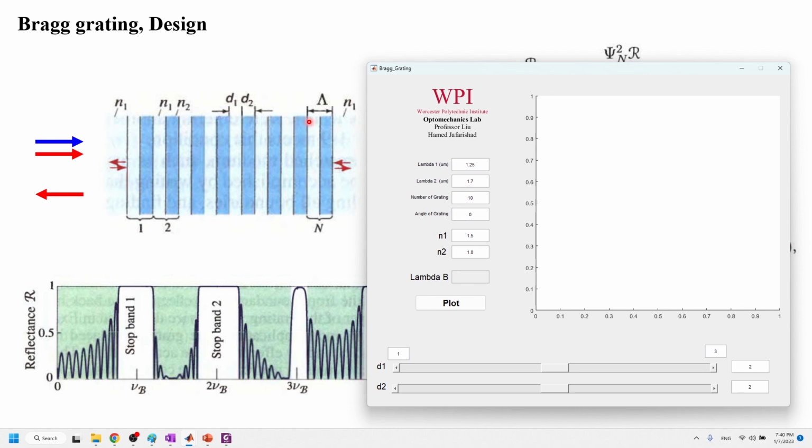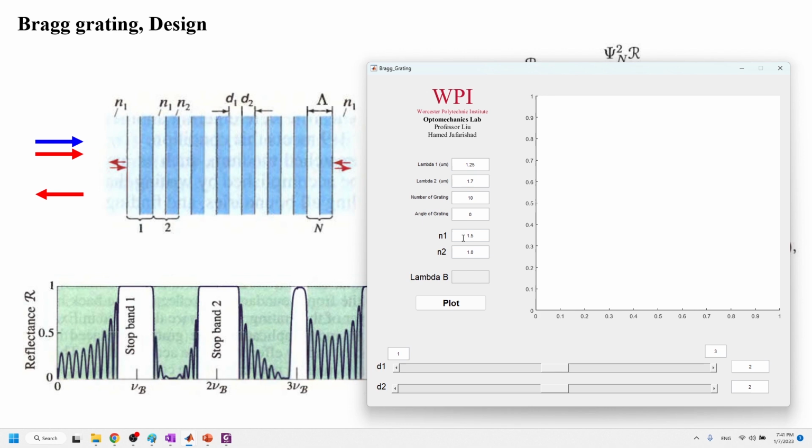Number of grating is the number of periods that we have in our grating. I will leave it as 10. Angle of grating tells us if the light is coming perpendicular toward the grating or at some angle. Usually Bragg grating is used for perpendicular light, so I'm going to leave it as 0, which means the light is perpendicular to the grating.